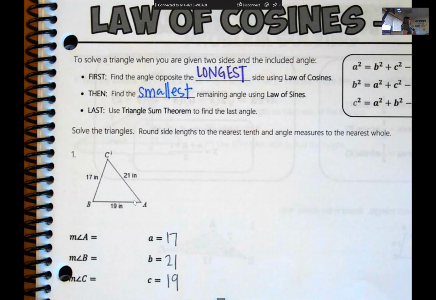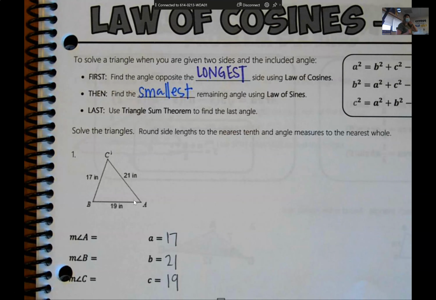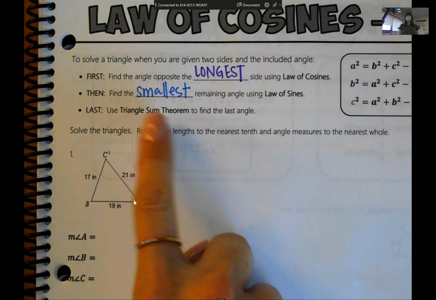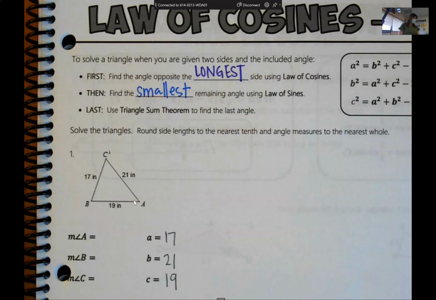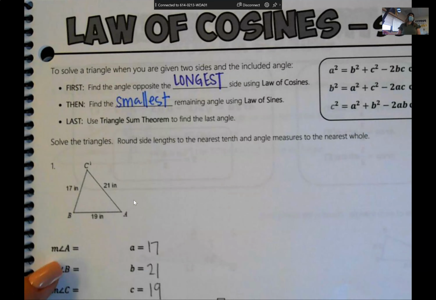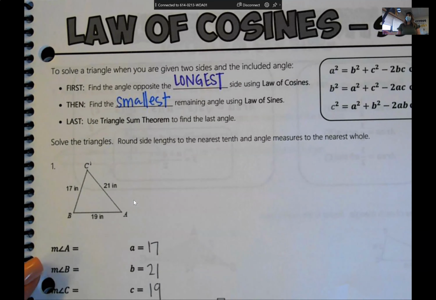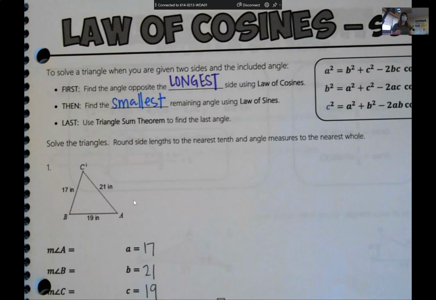So we find the biggest angle first, then we find the smallest angle, and then we just get to do 180 minus these 2 to get our final angle. Today requires just slightly more work than the last few times, so be prepared for that.